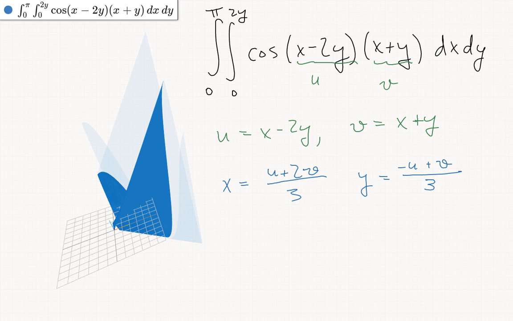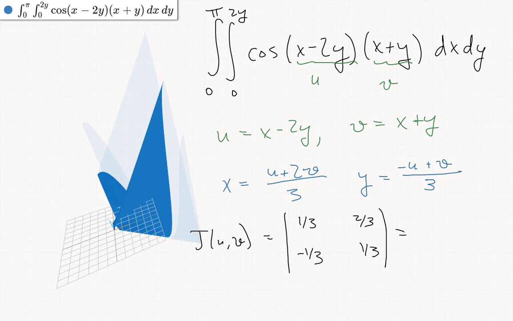So then the Jacobian determinant is, let's see, del x by del u is 1/3, del x by del v will be 2/3, and then del y will be negative 1/3 and 1/3.